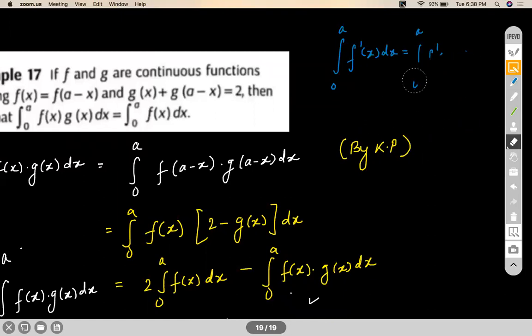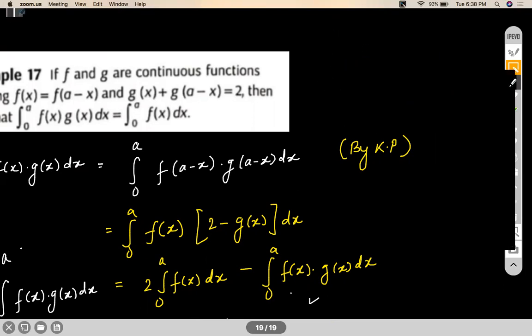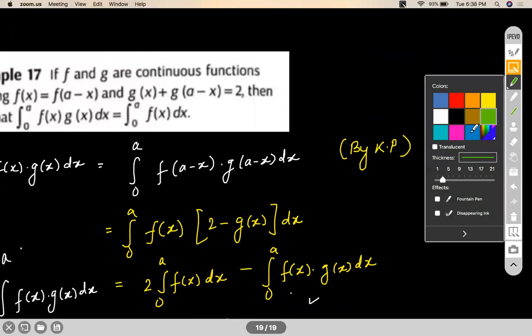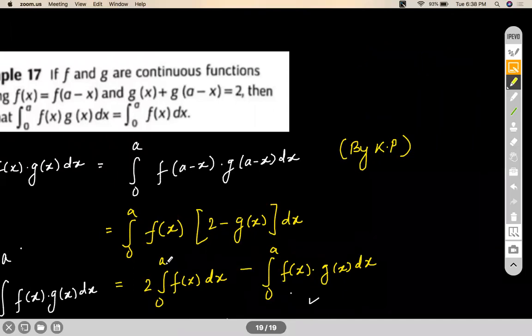But f dash of x is also another function, so why can't we use King's property on that? f(a minus x) is another function, I agree, but the derivatives of them are not the same. The function has the same value at that particular point x, but the derivative need not have the same value.